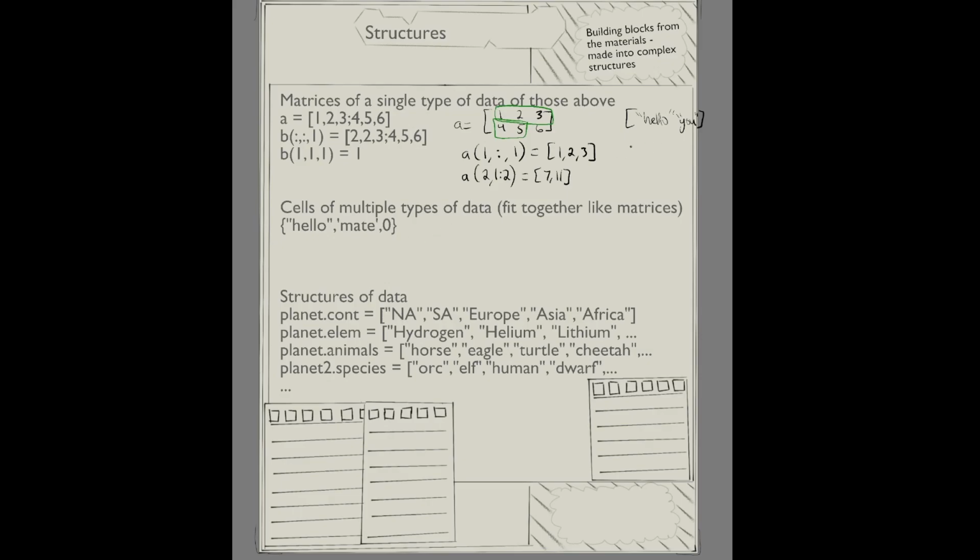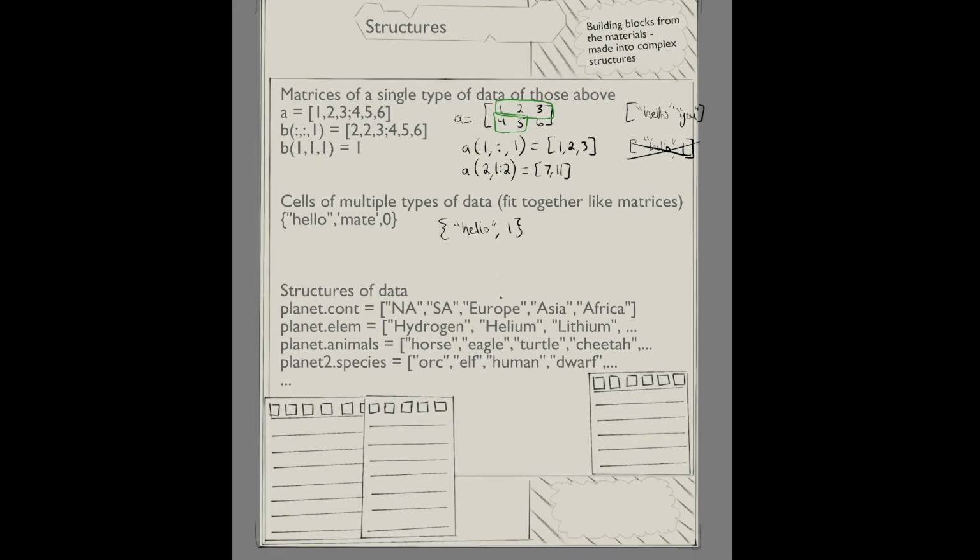You couldn't do hello and 1. That is not possible for a matrix. So there we would have to do hello with a cell, which is the curly braces, hello, and 1. That would allow us to fit multiple types of data in there.